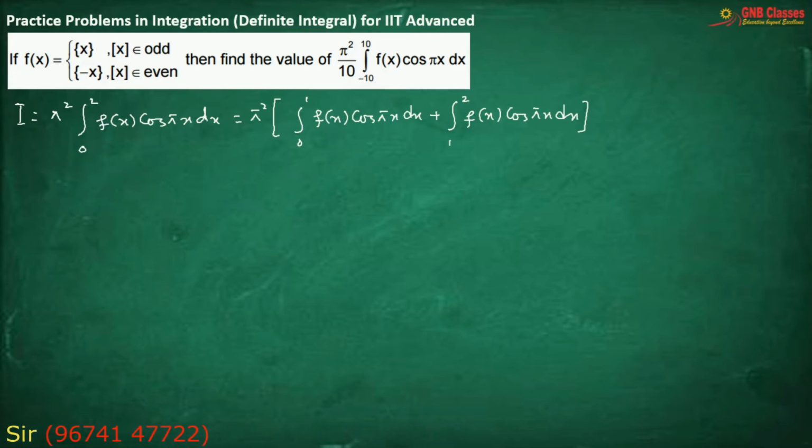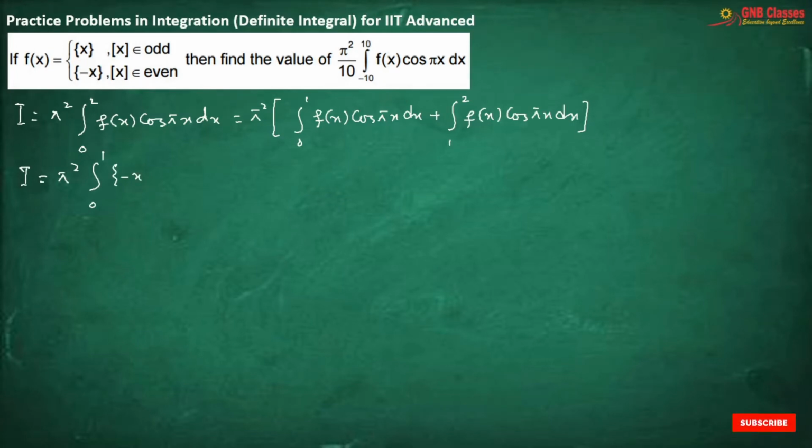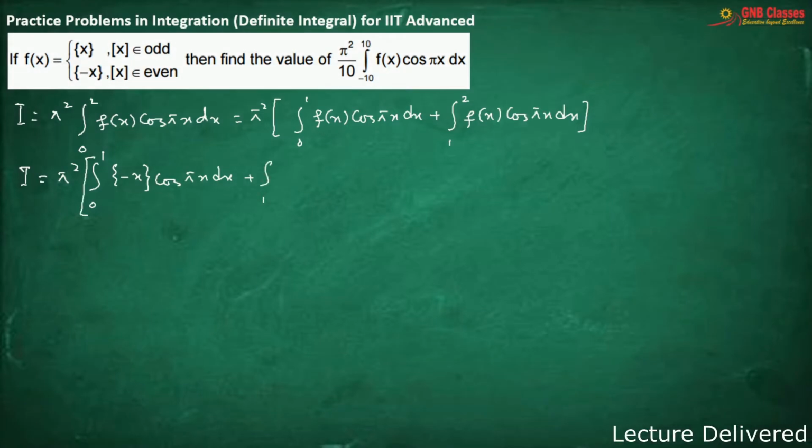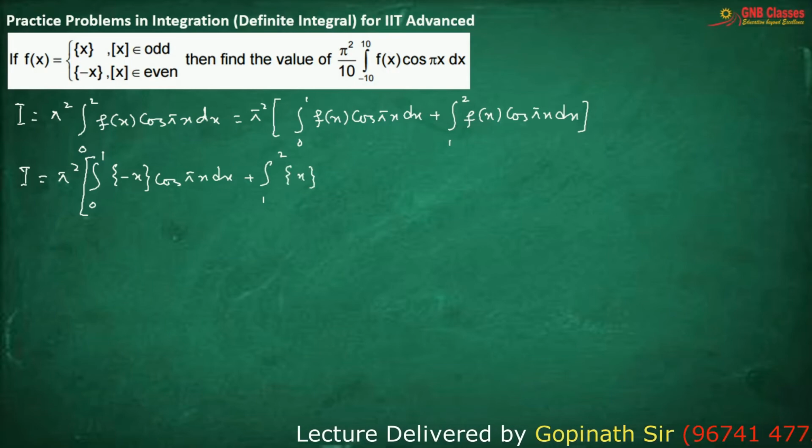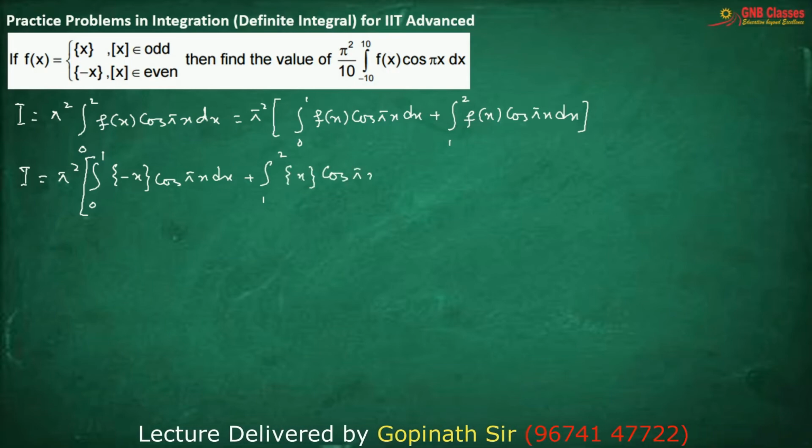Okay. Therefore, our integral becomes pi square times the integral from 0 to 1 of the fractional part of minus x times cos(pi x) dx plus the integral from 1 to 2 of the fractional part of x times cos(pi x) dx.